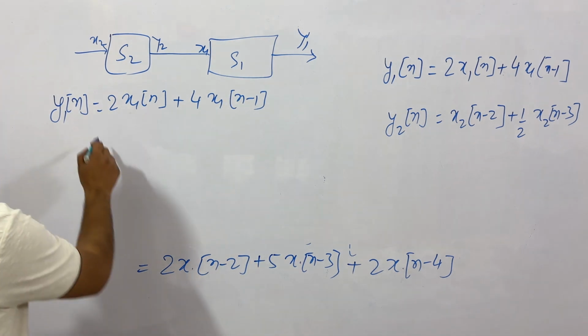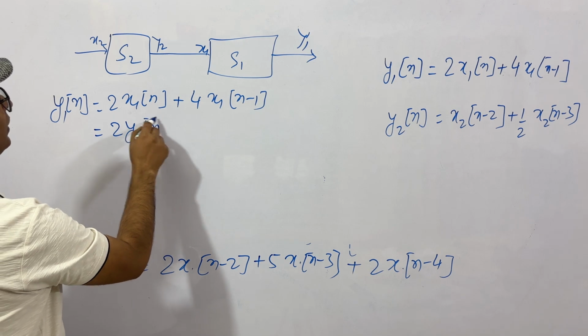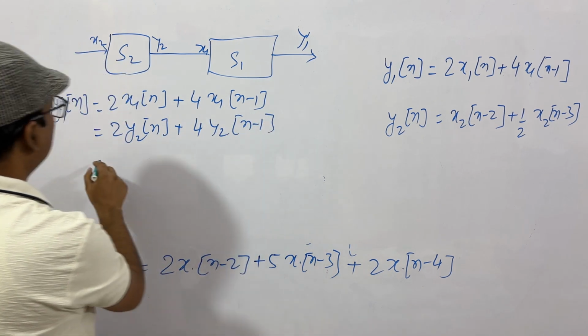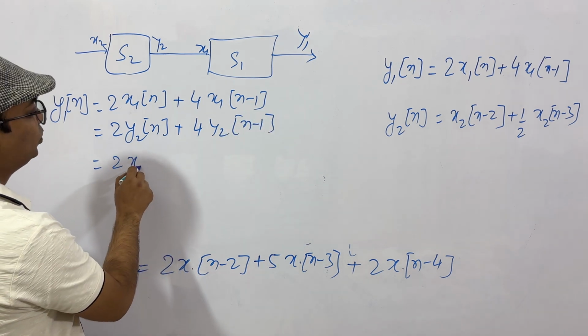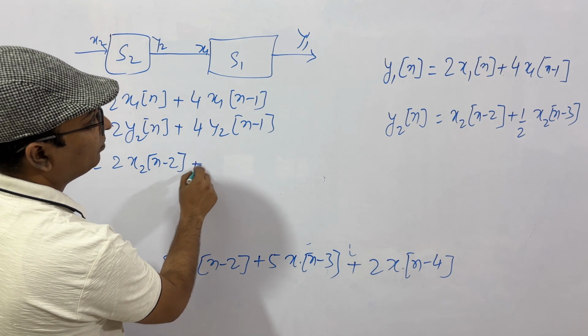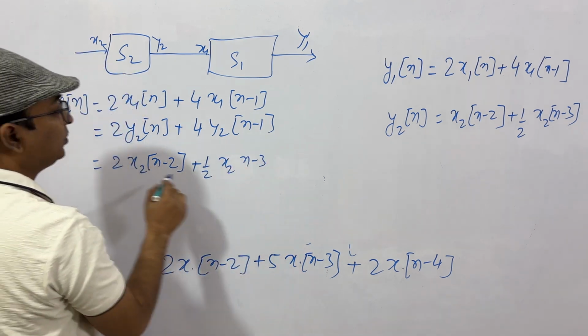Clear? But x1 is what? x1 is y2. So this is 2y2[n] + 4y2[n-1]. So let's write the value. This is twice y2[n]; y2[n] we can write as x2[n-2] plus half x2[n-3], and x2 here is your input.